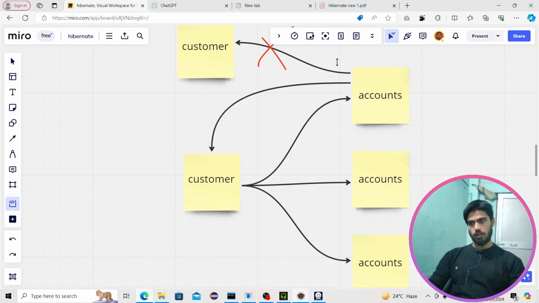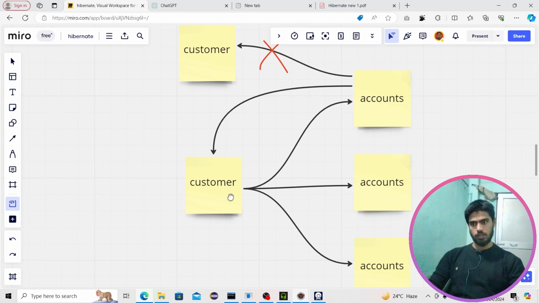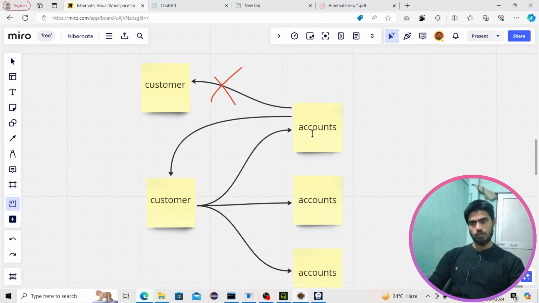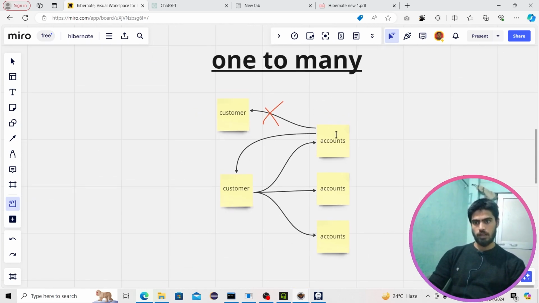One customer can have multiple accounts. So from the customer side, it is one to many. And if you see from the account side, then one account is always going to belong to one customer. But here, one customer has multiple accounts. So you can understand this in both ways. One customer has multiple accounts, so it becomes one to many.